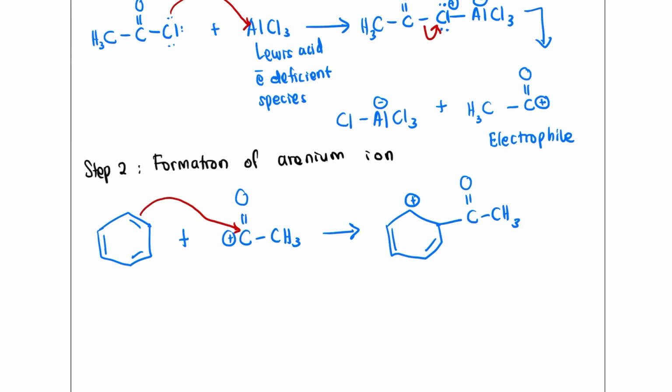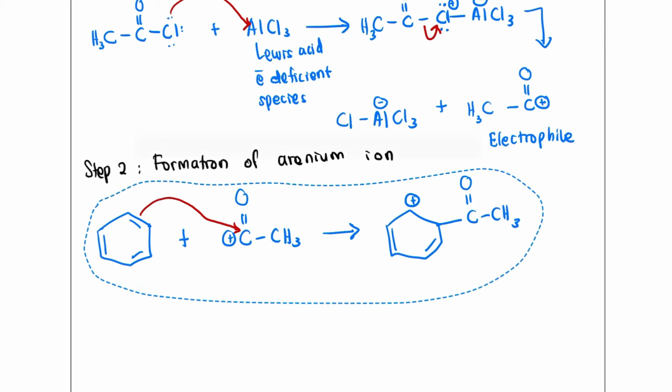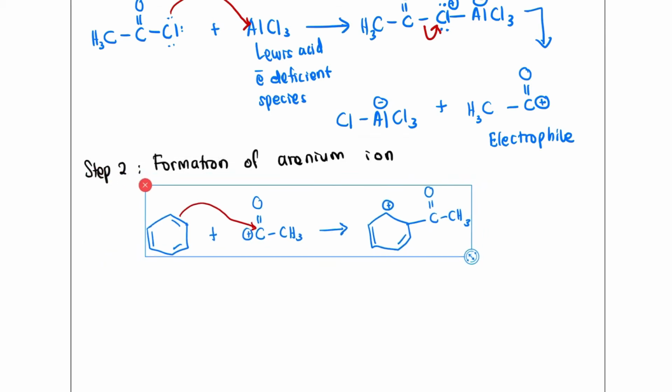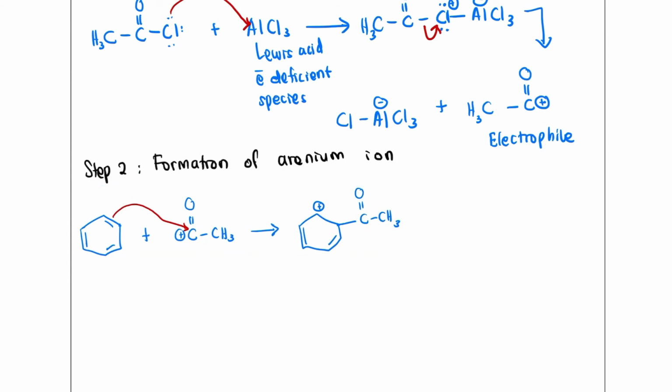Alright. And this bond tak ada masalah sebab dia ada H dekat sini. Alright. Okay. And then next one adalah kita dah form dah our arenium ion. We need to write resonance structure for this arenium ion. Alright, so arrow kita kena go towards bond yang dekat dengan positif kan. So arrow dekat situ.